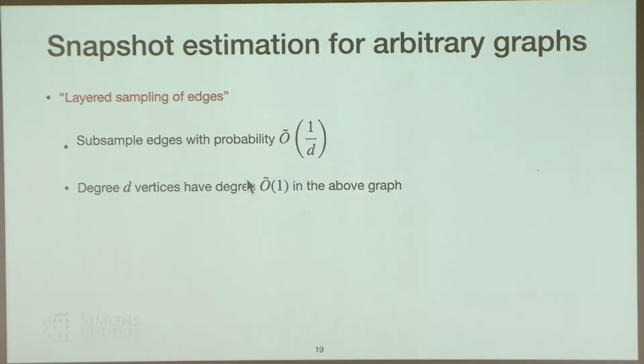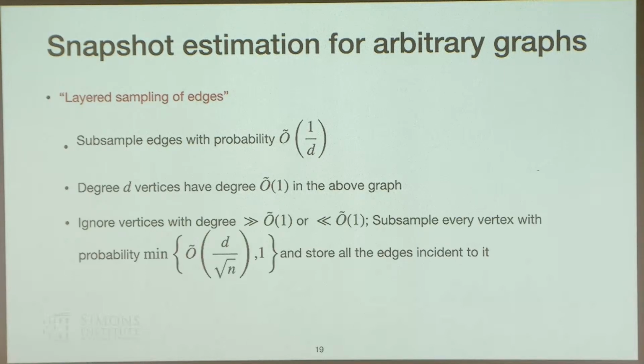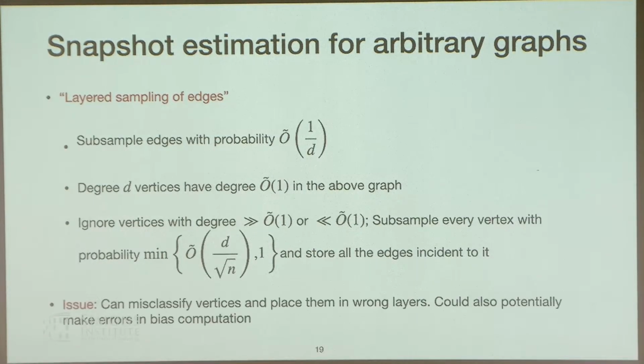So you subsample edges with this probability, and in the resulting subsampled graph, you look at all the constant degree vertices. Those are roughly your degree d vertices. And then you'll further subsample those vertices with the probability that you desired and store the induced subgraph. And yeah, that sort of is the idea.